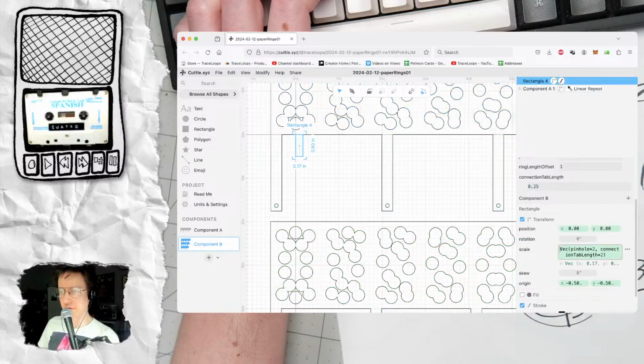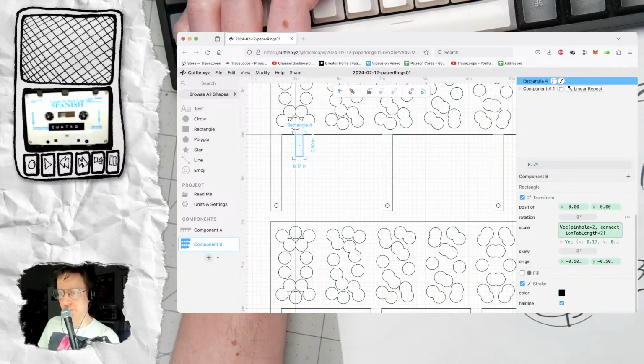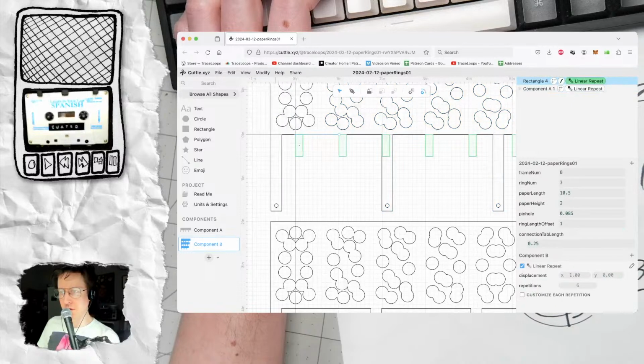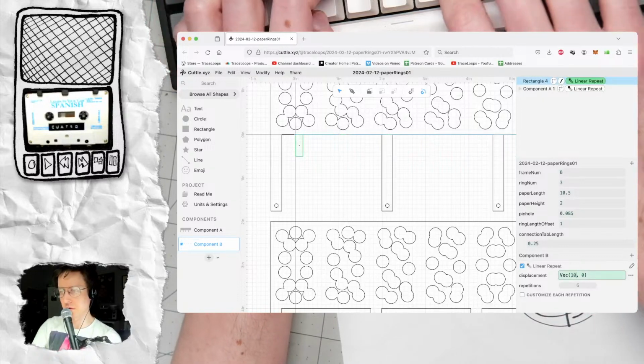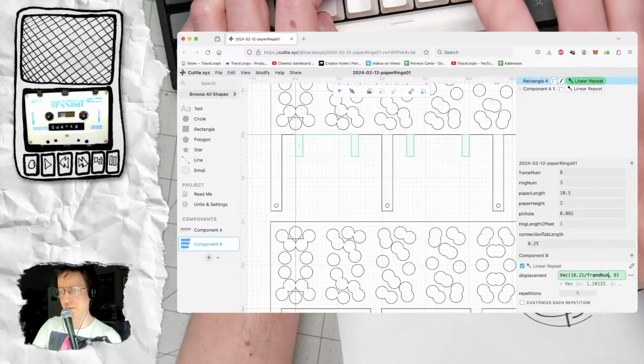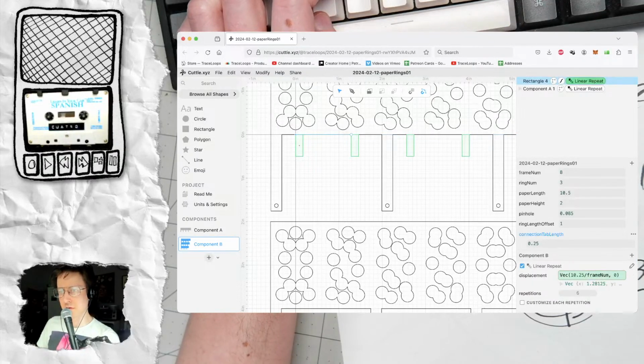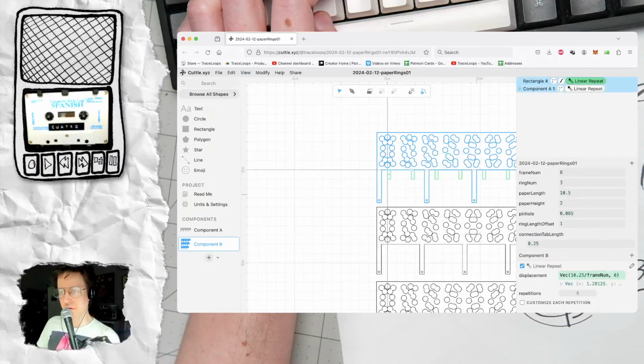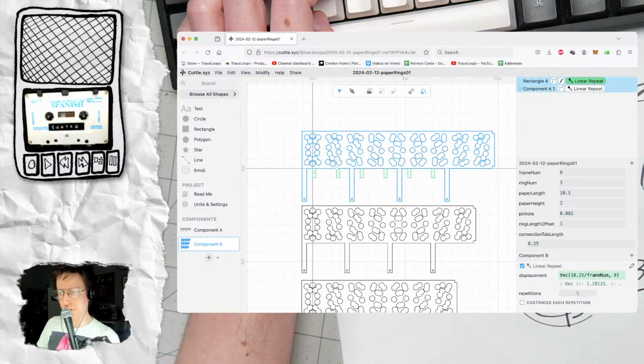I'm just gonna do this here. Modify linear repeat. Displacement 10.25 divided by frame num. And frame num.